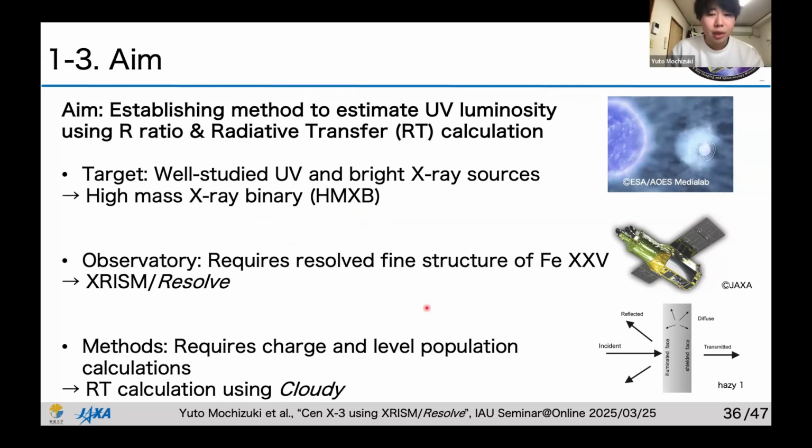Additionally, the plasma is no longer in local thermodynamic equilibrium (LTE) due to the strong radiation from the neutron star, so the charge and level populations do not follow the Saha and Boltzmann equations. So we have to calculate the radiative transfer. We performed the radiative transfer calculation using Cloudy. Cloudy is a two-stream solver for RT.